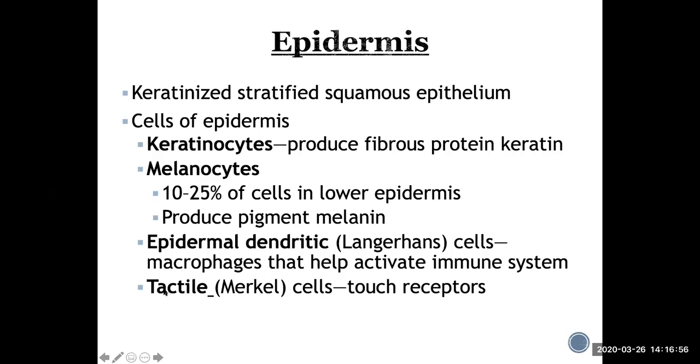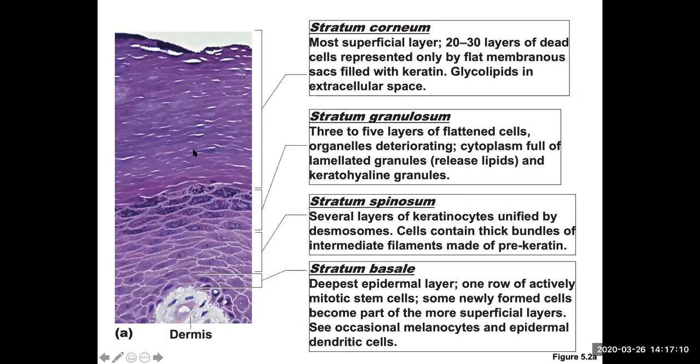And we also have tactile touch receptor cells at the very deepest part of the epidermis, very close to the dermis. So the vast majority of the epidermis is dead, keratinized, stratified squamous cells, okay?